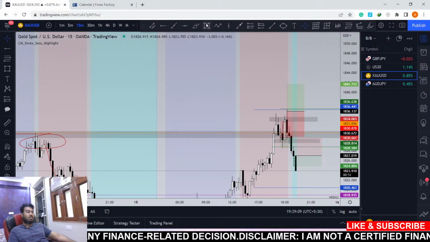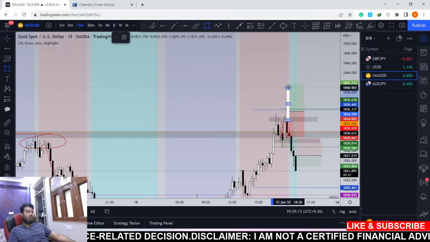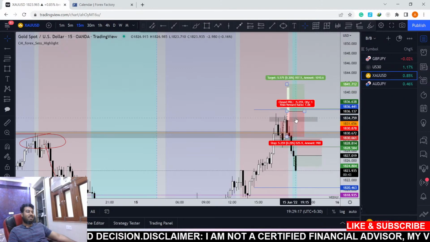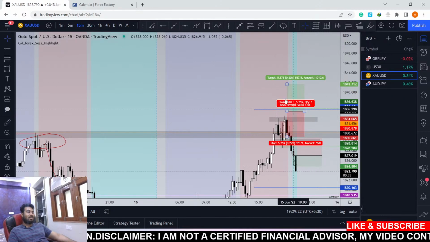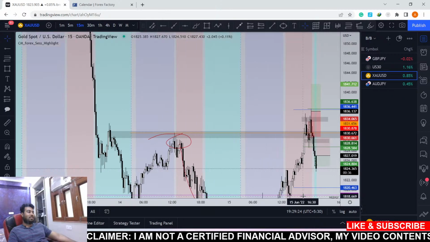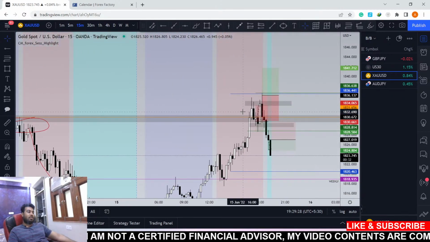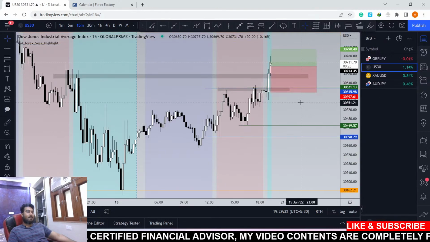Because sometimes in gold you get this sort of candle, and if you wait for one more candle to take the entry, then it will be too late. So that is why I decided to risk it, but it did not work well. That is fine. This is part of the game.